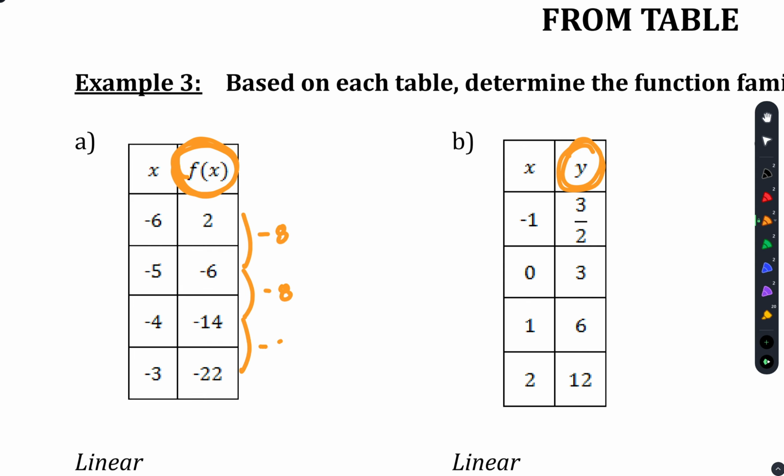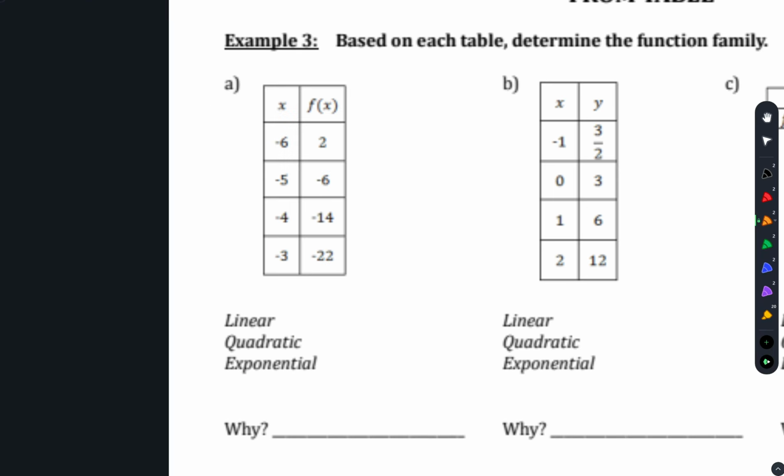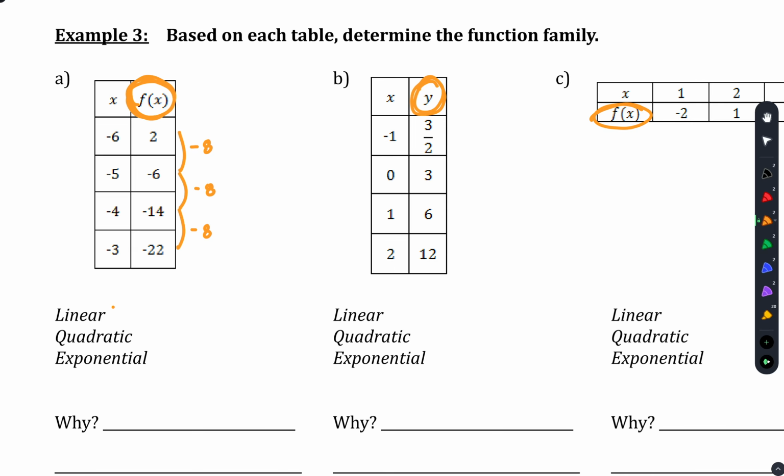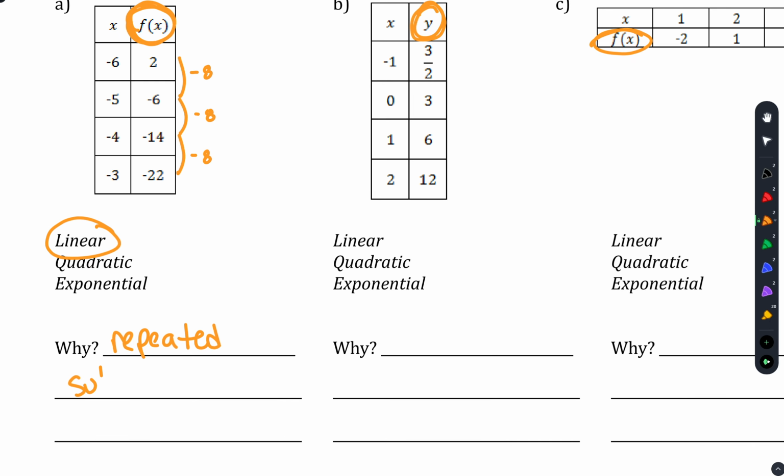From negative 14 to negative 22, I subtract 8. My first attempt at finding this pattern ended up being the correct one. I'm repeating the subtraction of 8. So what do we call that, Cody? Linear. So we are going to say it has repeated subtraction of minus 8.